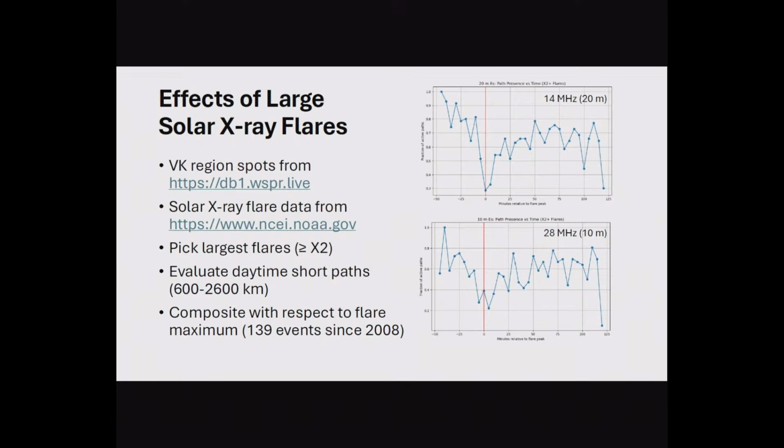It's a great database that you can query quite selectively, and I've picked out the VK region spots there. I've got some solar flare data from NOAA and picked out the largest flares, the X-class flares, the biggest solar events. There are about 139 of those in the daytime in the VK region since 2008, and I've looked at some short paths.